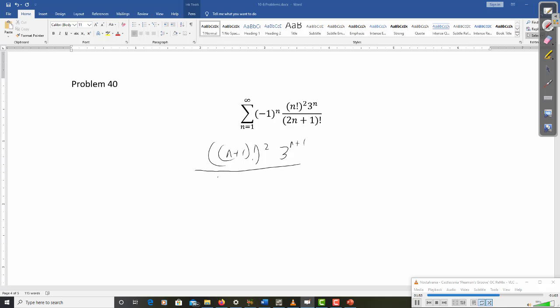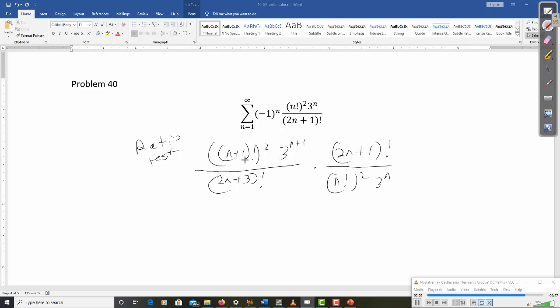Over 3 to the n plus 1 over... Let's see, add 1, it would be 2n plus 1, so it would be 2n plus 3 factorial times 2n plus 1 factorial, because you flip this and multiply, times, just do a little bit of labeling there so you see what I'm pulling from, over n factorial squared, 3 to the n. Yeah, I guess this way I don't necessarily have to mess with the factorials that much.